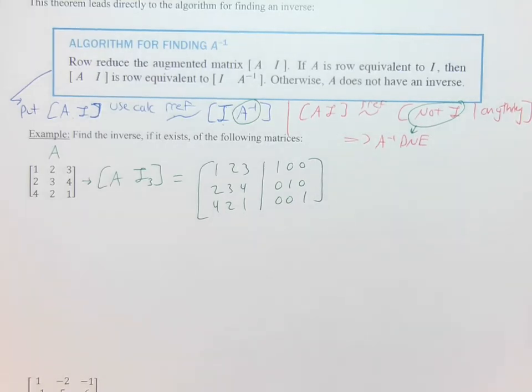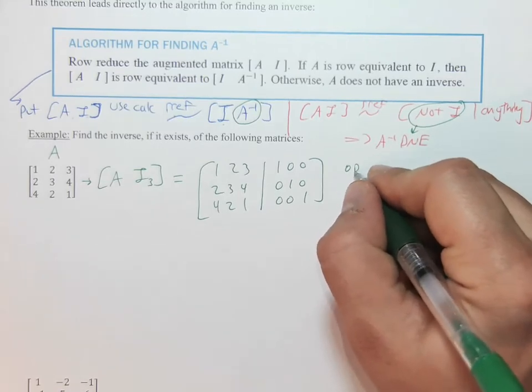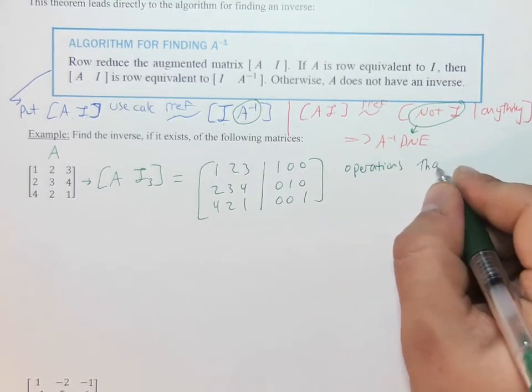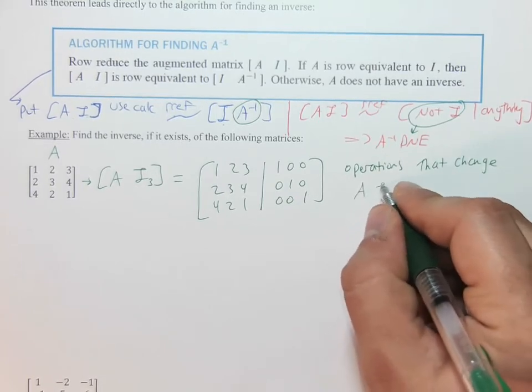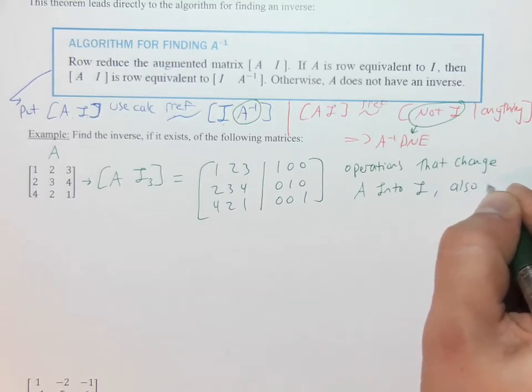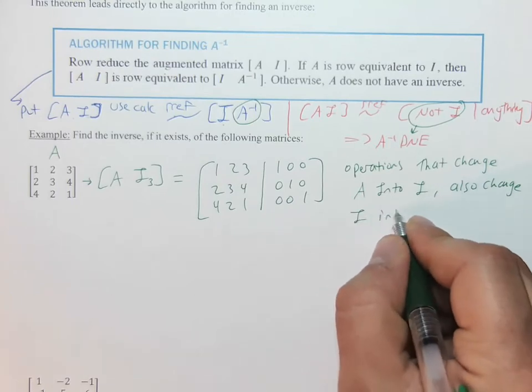And what the theorem and the algorithm here say is that operations that change A into I also change I into the inverse.